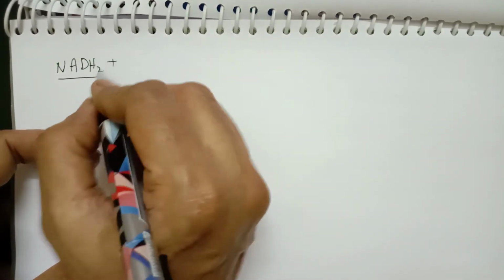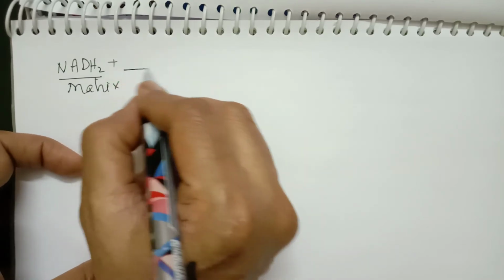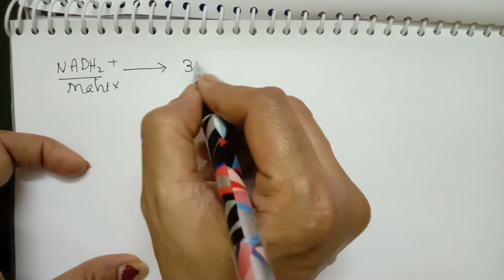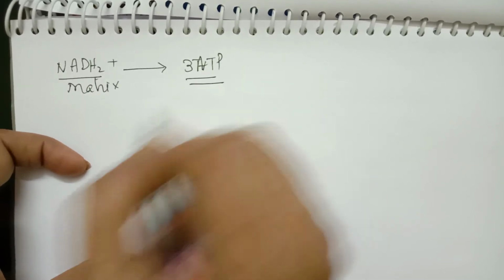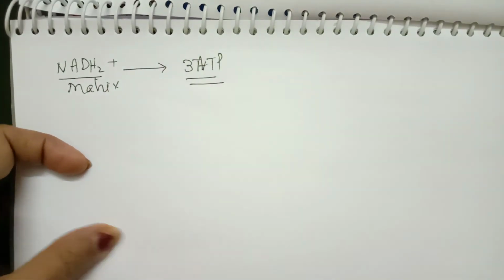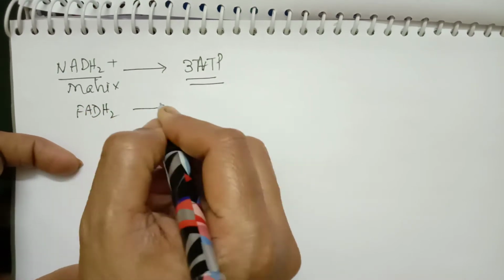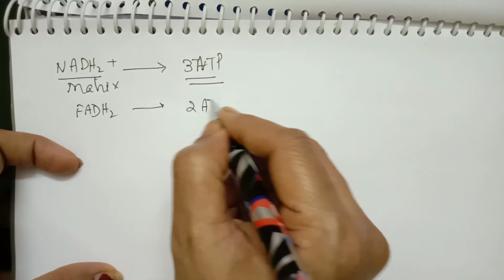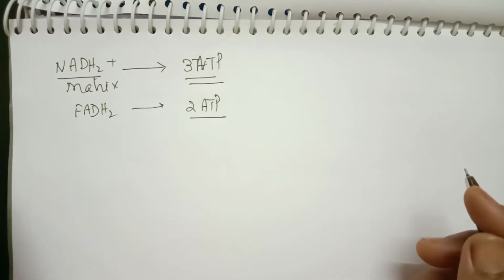For NADH2 formed in the matrix, 3 ATP will be formed for each NADH2. And for each FADH2, 2 ATP will be formed.